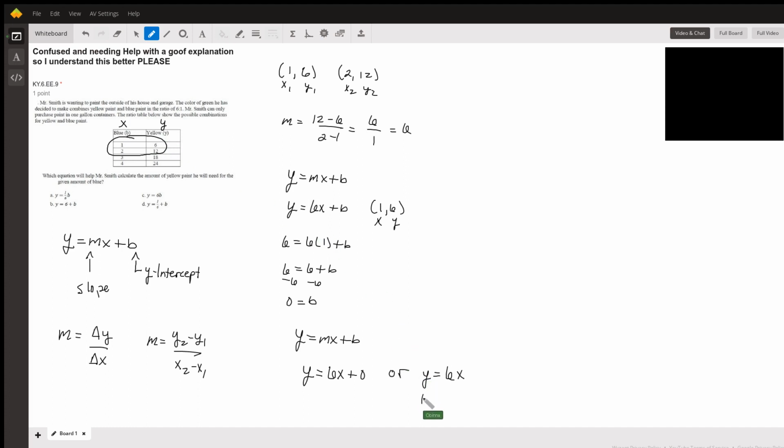So that means I'm going to keep my y because my y variable is y for yellow, and my x variable is b for blue. So really, for this particular problem, my equation is y equals 6b, and that is the answer to my problem. Letter C. Okay.